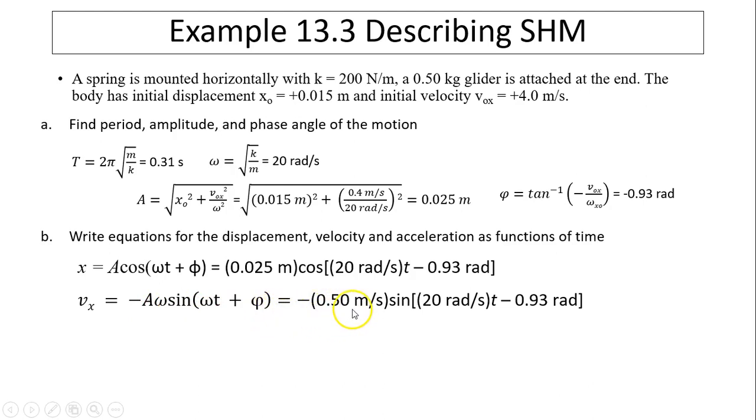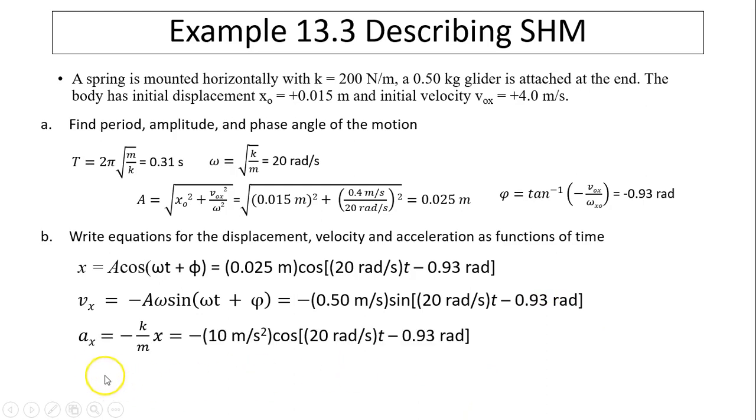Again, we substitute A times omega, which is 0.5, and v is negative. Similarly, we can find a equals negative k over m times x, and so k over m times A gives you 10 cosine of 20 t minus 0.93 radian. So in these equations, phi is in radians.